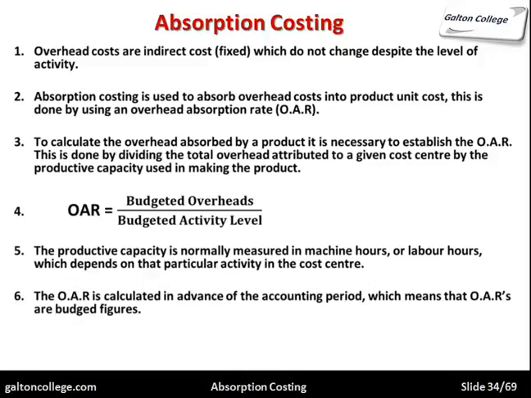So they know what to expect from various departments in terms of output, and they know what the overheads are likely to be for each department. So they can work out what the absorption rate should be.